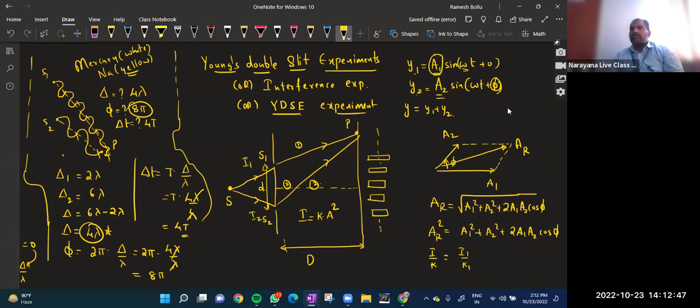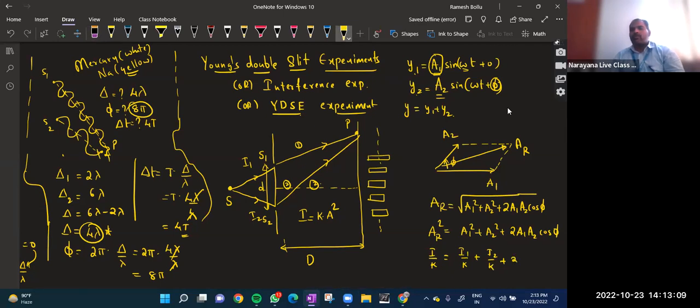I2 is what here? Intensity of the second light wave. But A2 square value? I2 by K. Sorry, same proportionality constant. Proportionality constants will not alter, so I will write K only.